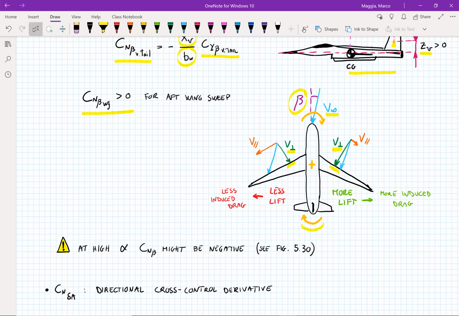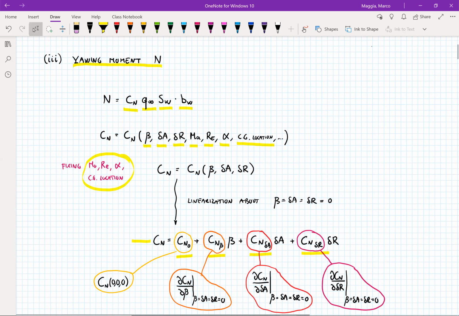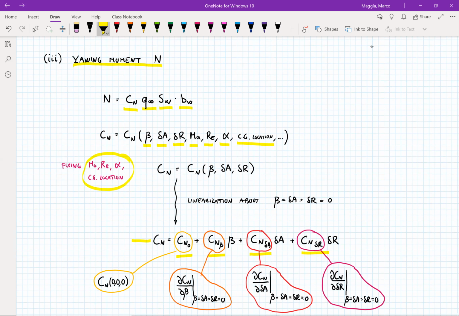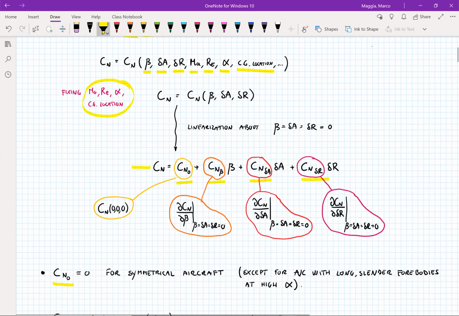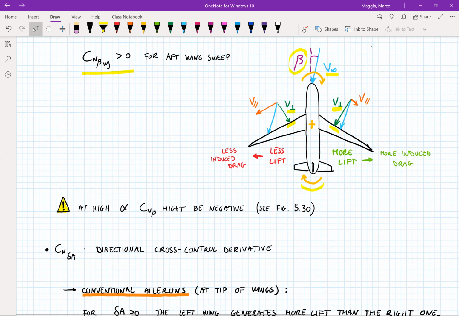Of course, all these sets of coefficients, as I said in the beginning, are determined for a specific combination of Mach number, Reynolds number, and especially angle of attack. So the analysis that I've described so far is valid for usually low angles of attack.